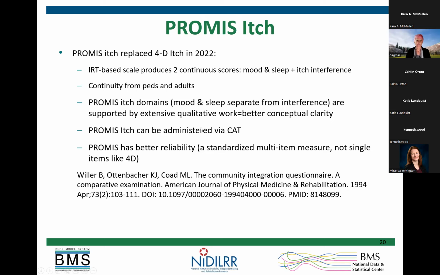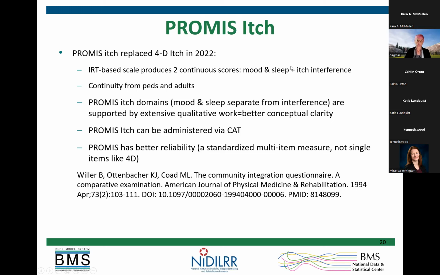We just added that in 2022. We replaced the previous itch measure because PROMIS itch is scored using IRT, provides 2 continuous scores, and has excellent construct validity, and involved a lot of participants in defining 2 separate constructs of itch.